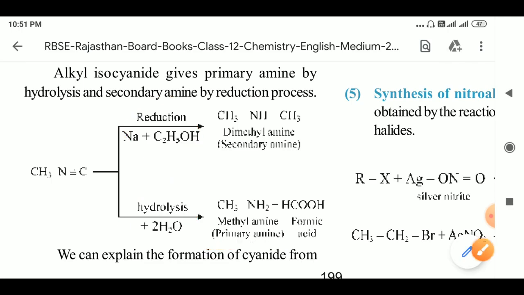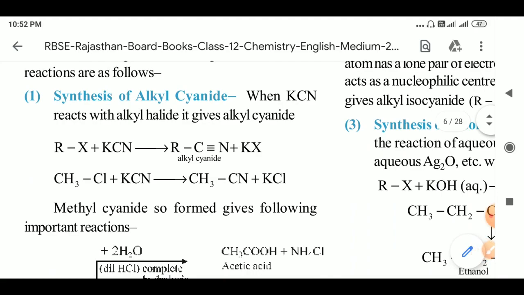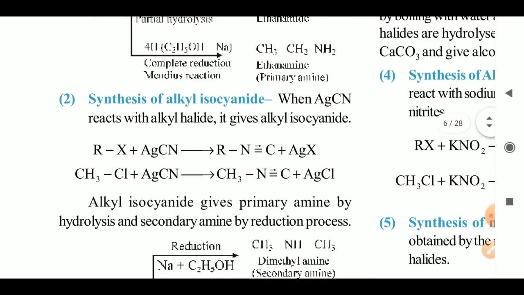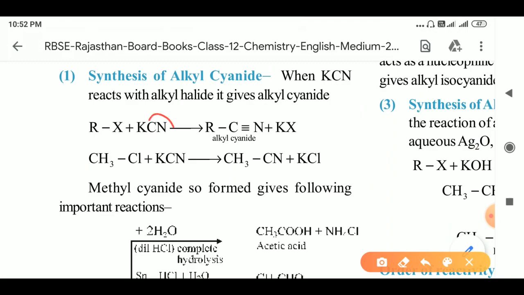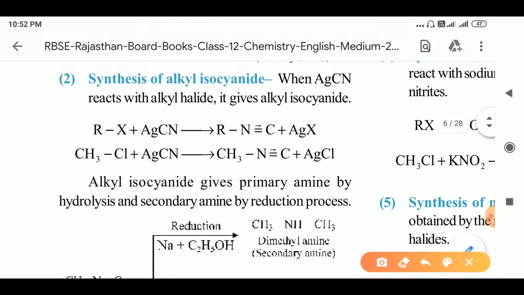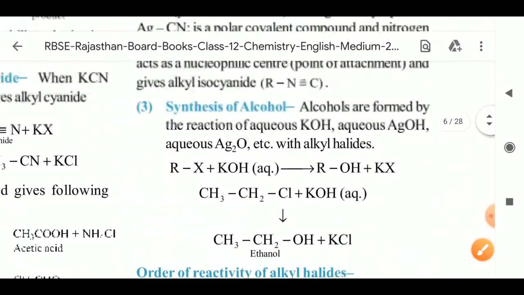So these are the synthesis of alkyl cyanide and the synthesis of alkyl isocyanide. Clear? These are nucleophilic substitution reactions where CN acts as a nucleophile, and here again CN acts as the nucleophile.